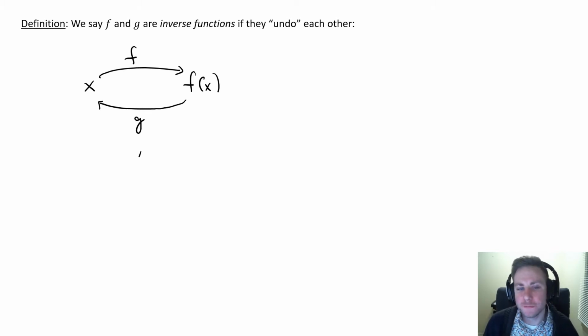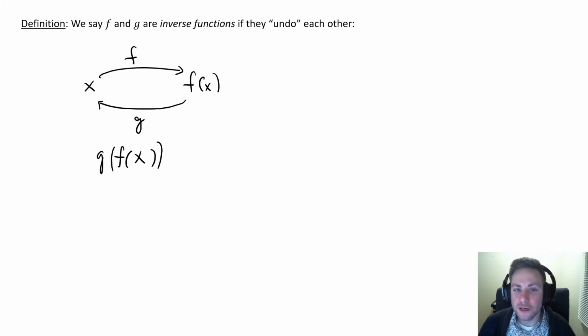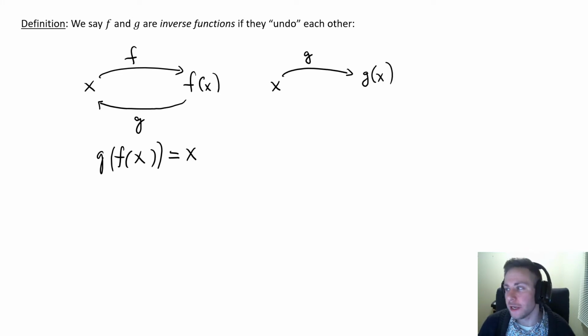But to put that in symbols, if you started with x, then applied the function f, and then applied the function g, if f and g really are inverse functions, then f and g should cancel each other out, so the result of this should just be x. We should also observe the same thing if we applied these functions in the opposite order.